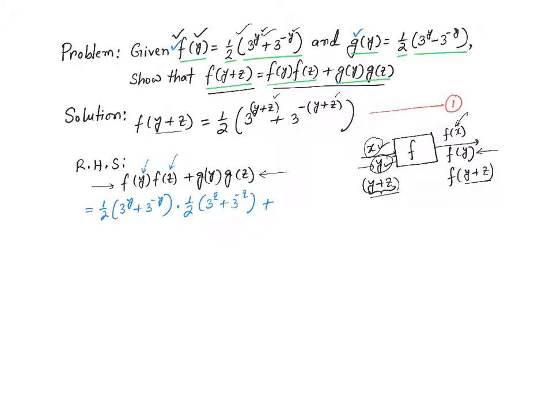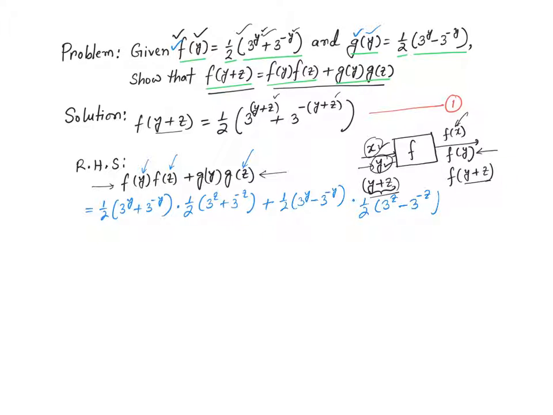Plus g of y. So g of y is defined as 1 half times 3 to the power y minus 3 to the power negative y times g of z. So replacing y by z, it's going to be 1 half times 3 to the power z minus 3 to the power negative z.